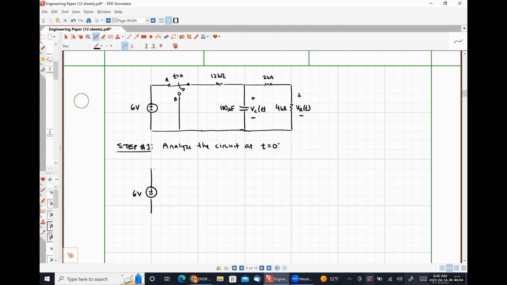6-volt source. 12 kilo ohm resistor. Here is VC at 0 minus. 2 kilo ohm resistor. 4 kilo ohm resistor.